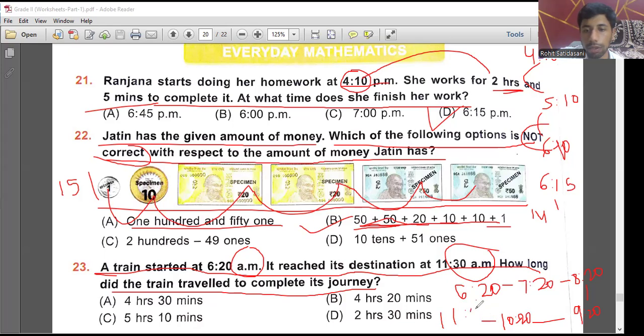So basically 5 hours, and then we need till 30. So 11:20 to 11:30 means 10 more minutes, right? 5 hours and 10 minutes is our correct answer. It took 5 hours and 10 minutes.